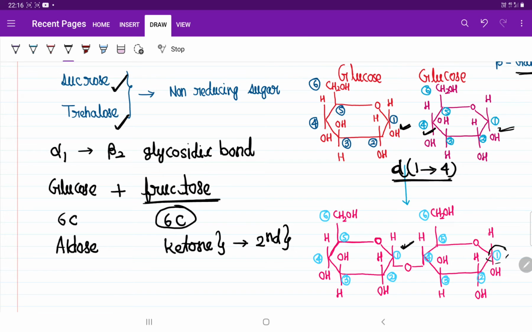We have discussed this in different videos, right? And in glucose the aldehyde group is present at the 1st carbon. So the glucose 1st carbon and fructose 2nd carbon are engaged and they form the alpha 1, beta 2 glycosidic bond. That means the glucose aldehyde group is engaged here and the fructose ketone group is also engaged here.